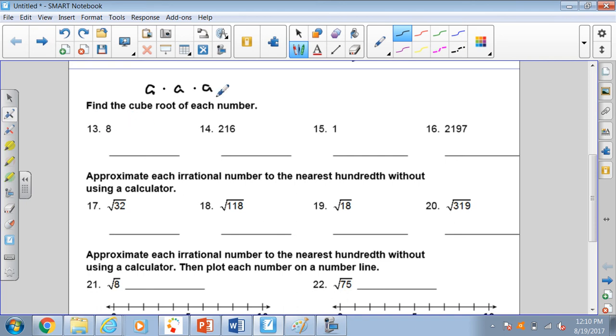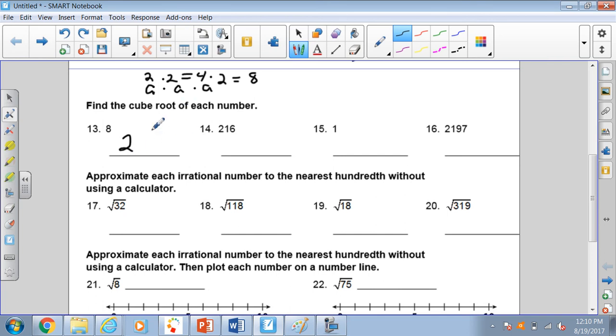And when you think about it, that should be pretty easy, because 2 times 2 equals 4. And then 4 times 2, that would be 3 a's, right? 3 2's equals 8. So the answer to this problem will be 2. Now, will it be a negative 2?